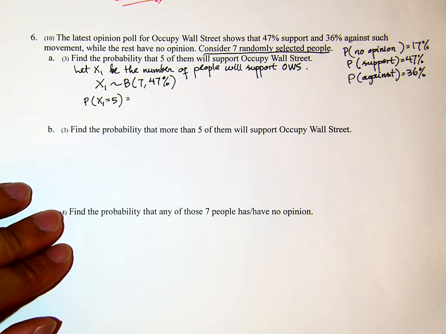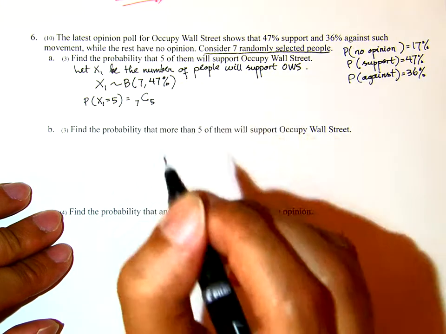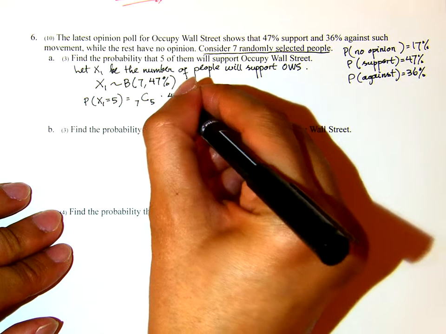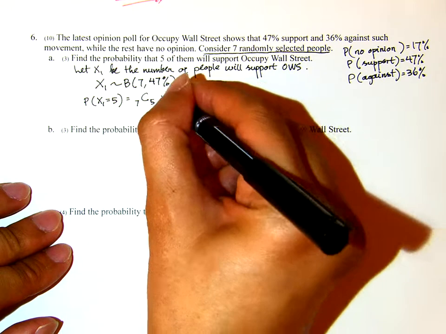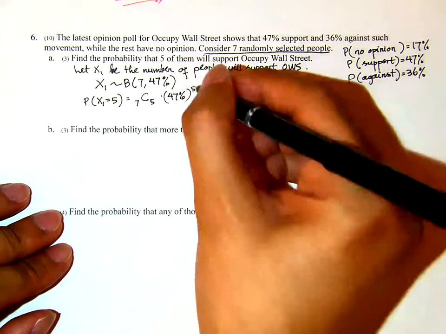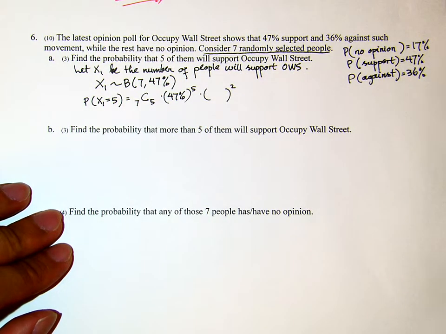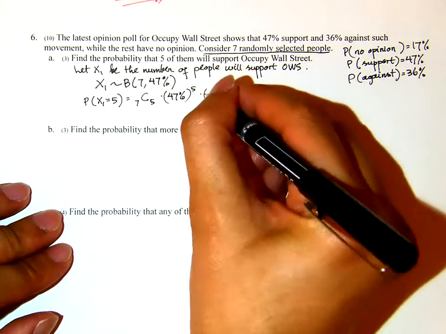According to the formula, this will be 7 choose 5 times 47% to the power of 5, because we have 5 successes, each with probability 47%, and the other 2 have to be the probability of the complement, which is 53%.